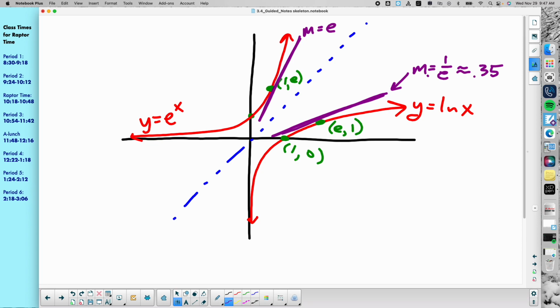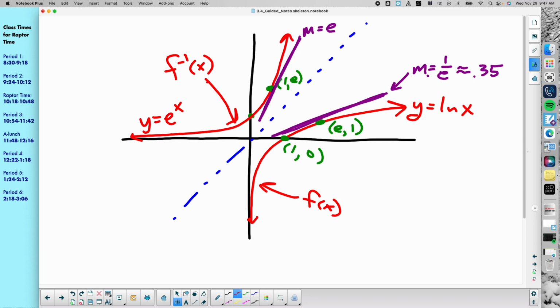From this example, let's say you were given f of x. Do you guys remember how they notate the inverse? Yep, the negative 1. So this would be f inverse of x.